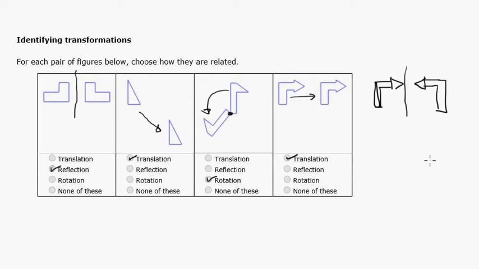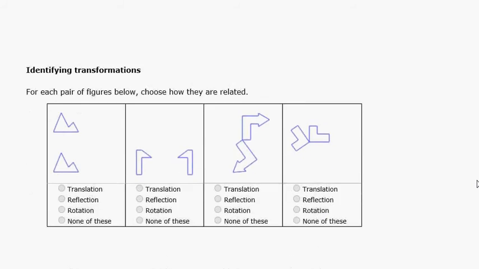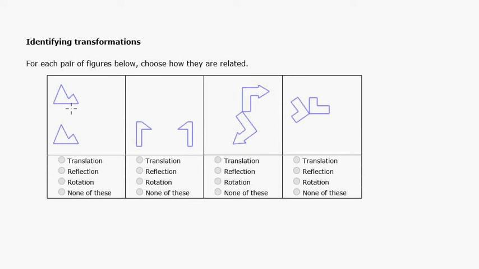Let's look at a couple more. This is a translation. It's just been moved. And here's my example. This is a reflection. It's been reflected about this line right here.